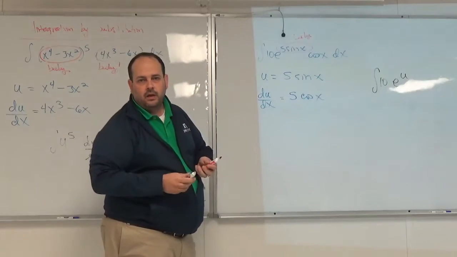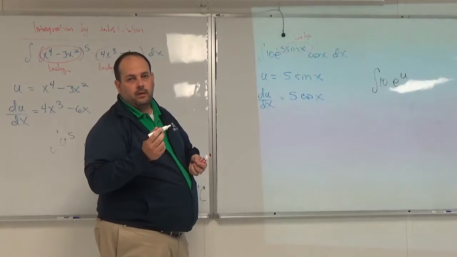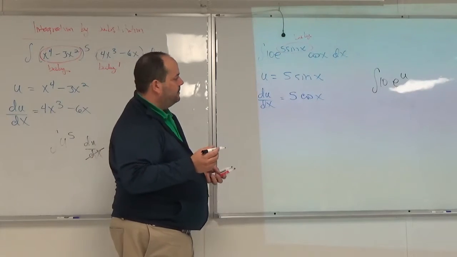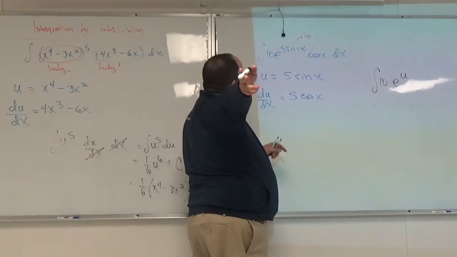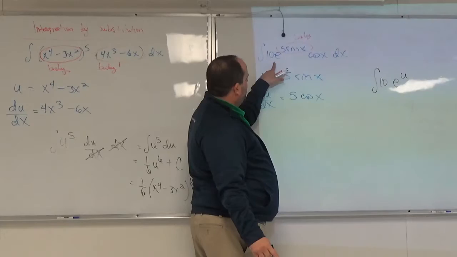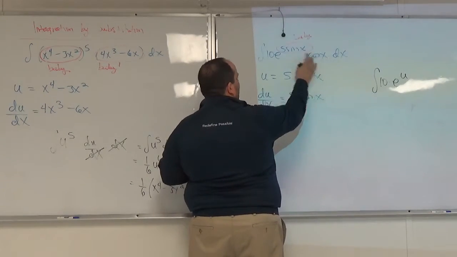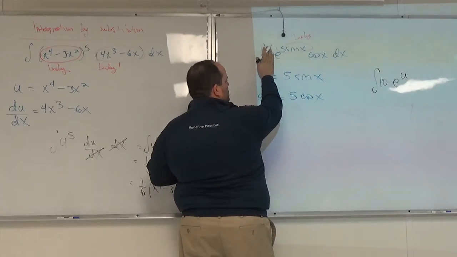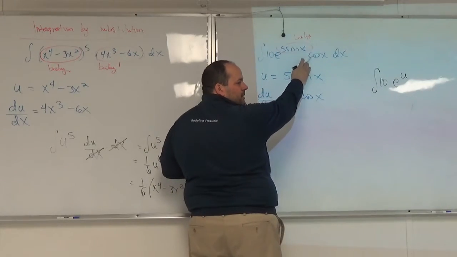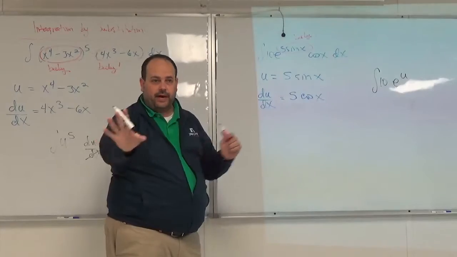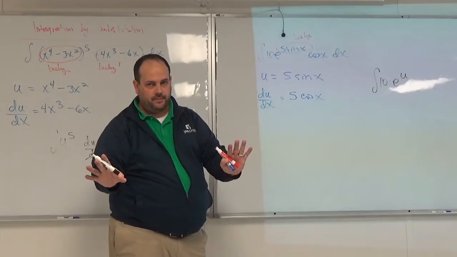Couldn't you just make 2e to the 5 sine of x and then make it 5 cos of x? So what I heard you say is, instead of 10 e to the u times cosine, could you rewrite it as 2 over here and move the 5 over here in multiplication? Yeah. That works, right? You guys are going to see this in a whole lot of different ways.